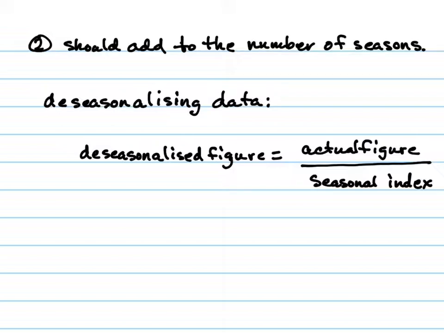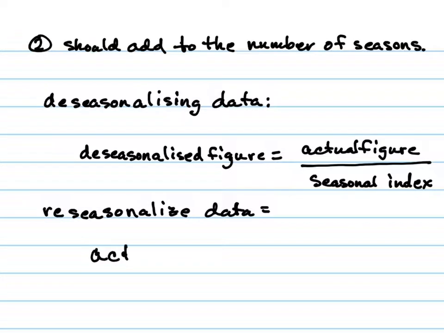Now, if you want to go backwards and re-seasonalize the data, because you know in math, if you do it one way, you're going to end up doing it back the other way, there's a formula for that. If you remember your basic algebra, it's always just the opposite. You're going to take the actual figure.